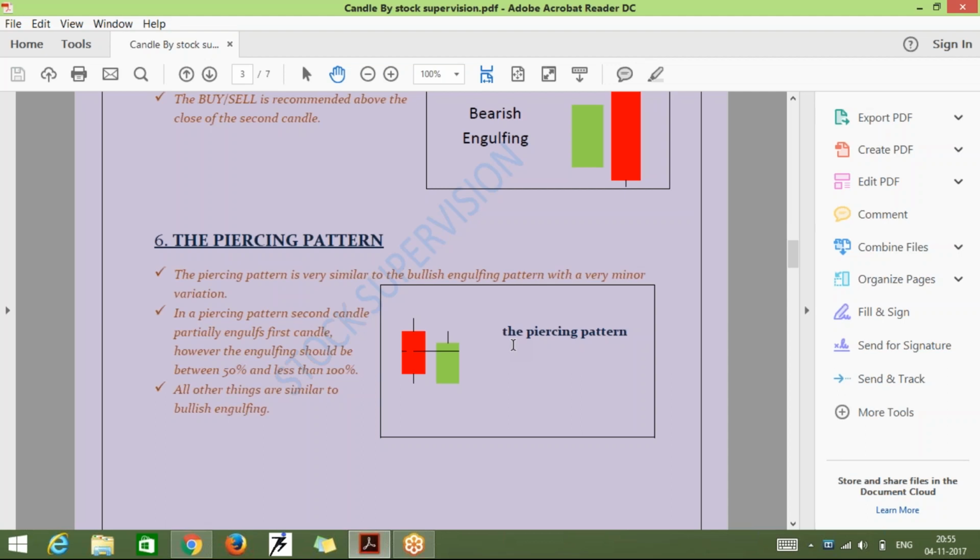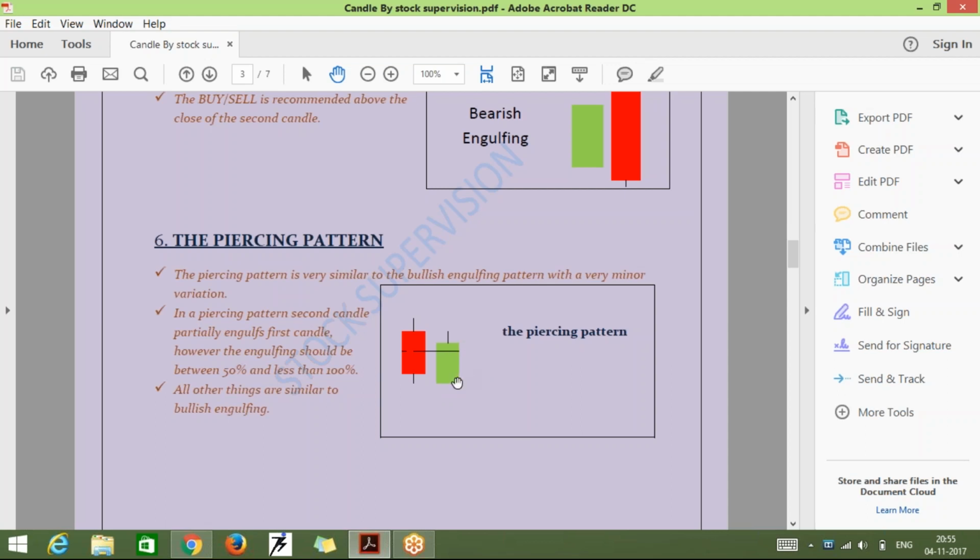So here you can see in the picture, please focus on this. It's not totally engulfing; it's partially engulfing. As per the bookish knowledge, it should be between 50% to 100%, and all other things are almost similar to bullish engulfing. The trade setup is also initiating the trade at this price.